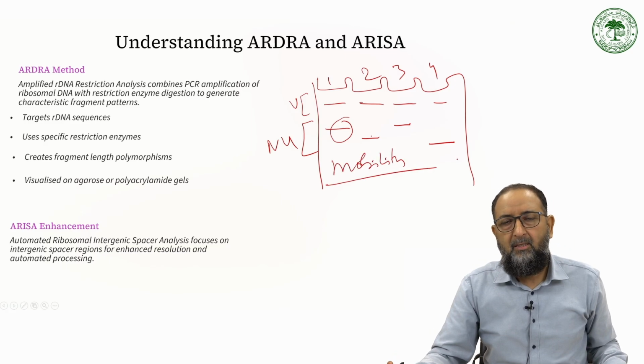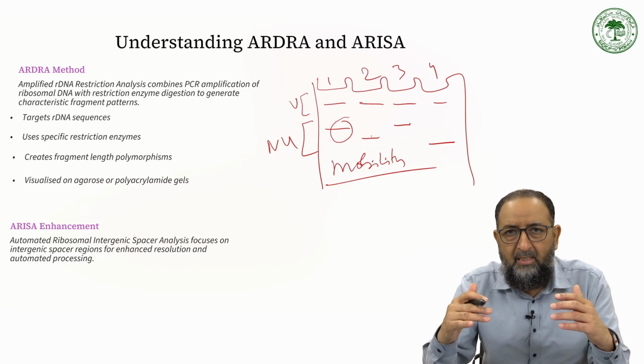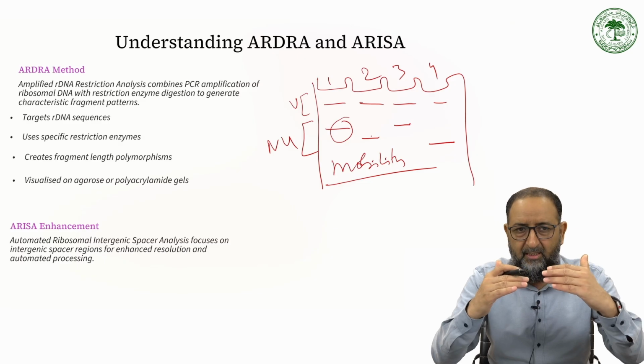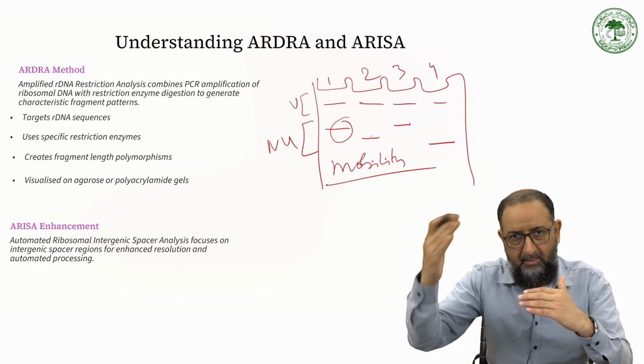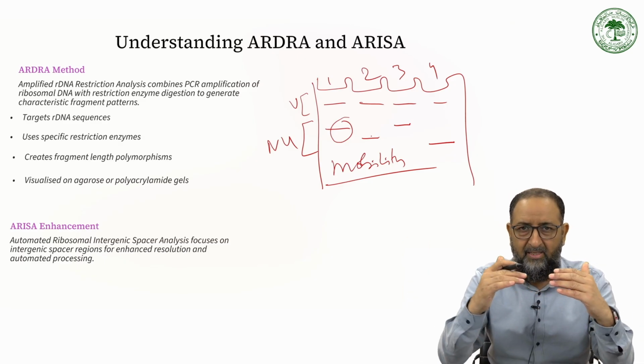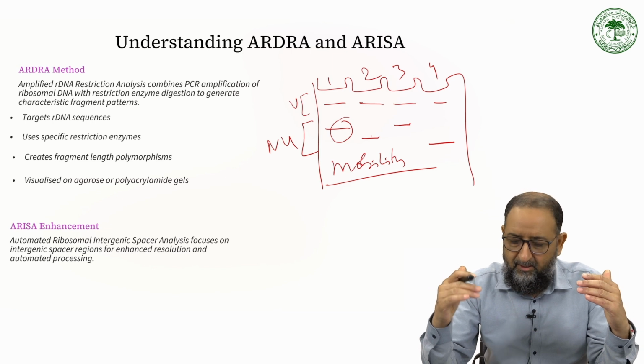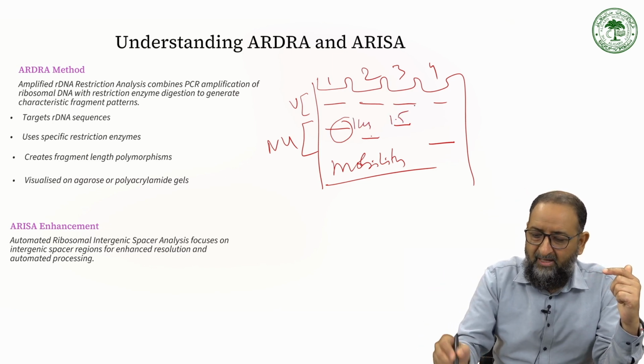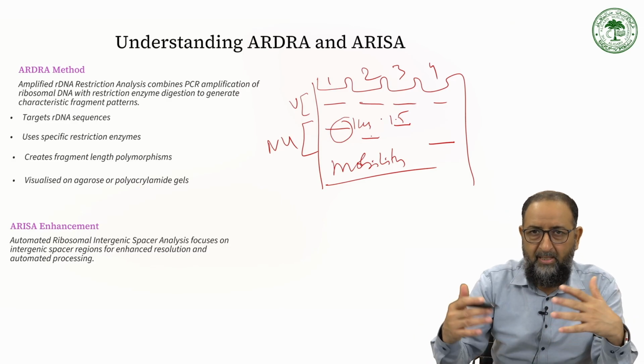Mobility differs because it varies in terms of denaturing conditions, or here in terms of size. It may be 1 kb, it may be 1.5 kb, plus or minus.